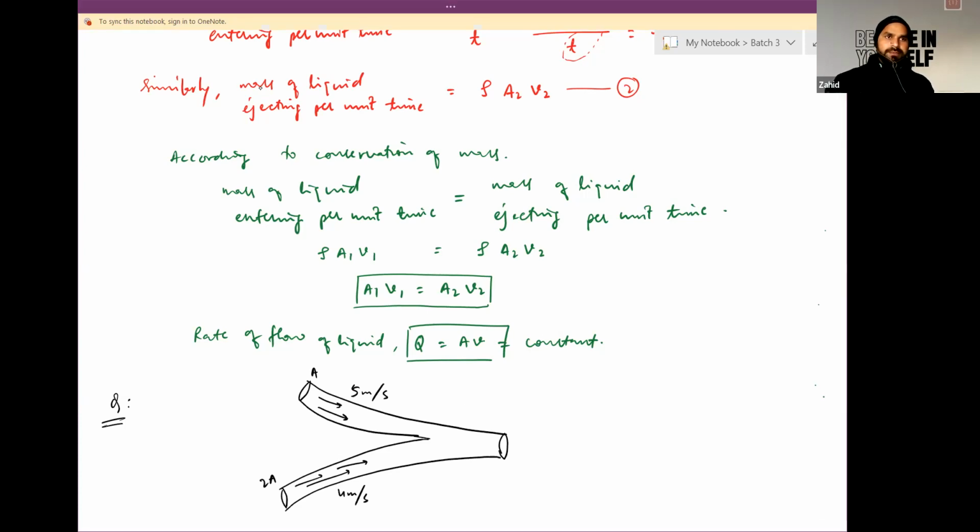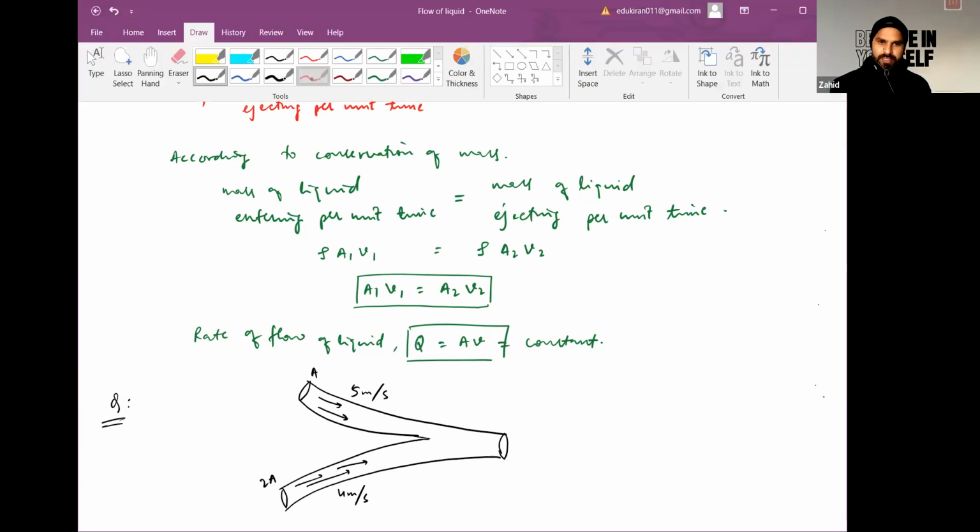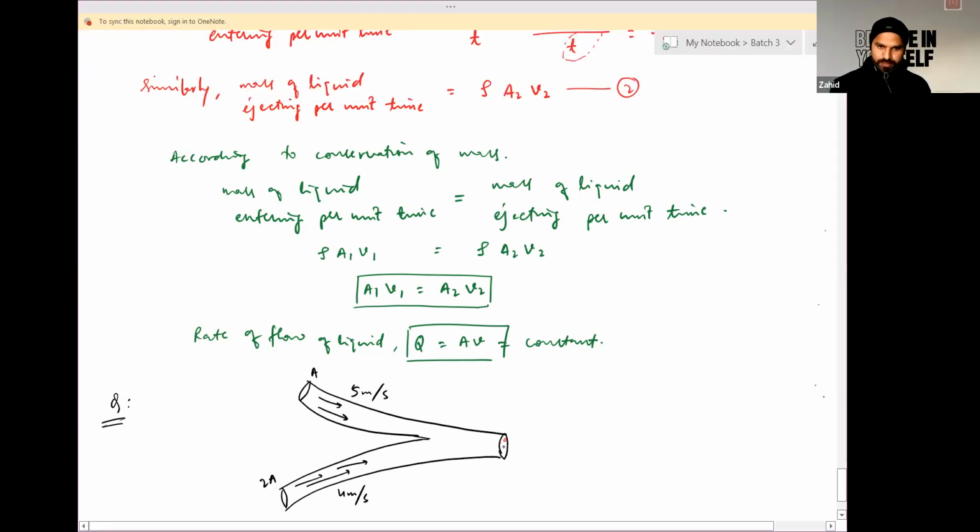At the other end, suppose we have some small holes. Number of holes is 10, each having area A by 20. So find the velocity of ejection of liquid.